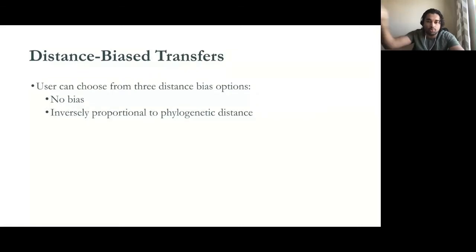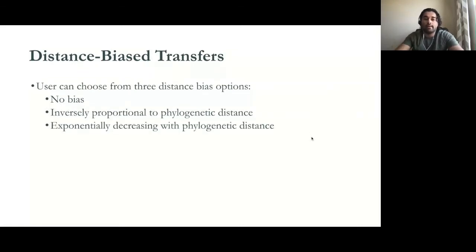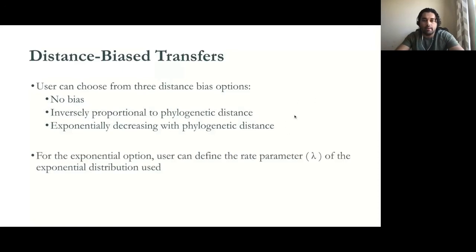proportionally to phylogenetic distance, and one that exponentially decreases with phylogenetic distance, which is the default and reflects the patterns that we observe in the data. And for the exponential option, users can define a rate parameter, which essentially corresponds to how sharply you want this exponential decay to be as the phylogenetic distance increases between different transfer candidates.